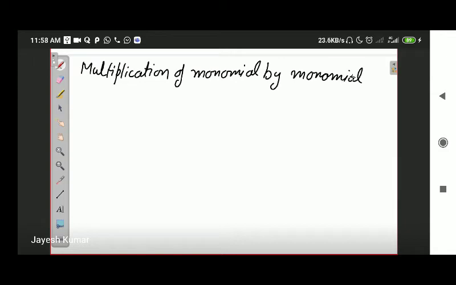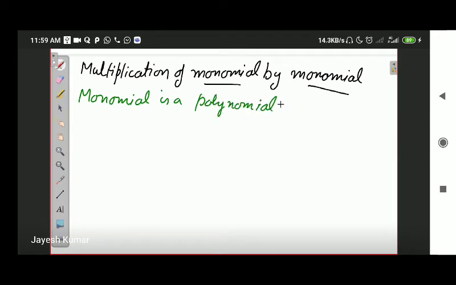What was a monomial? A monomial is a polynomial with only one term.